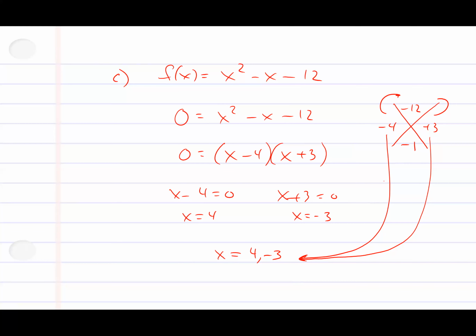So you got a -4, but the +4 comes down. The answer is 4, -3. Let's stick with 4, -3.